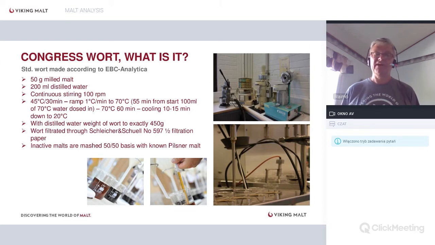We end up typically with a quite weak wort, like 8.9 Plato roughly. And also good to notice that all the filtration and everything is done with the cooled wort.